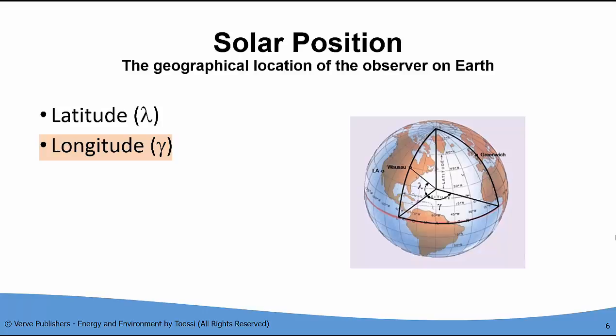Going west, the longitude becomes negative. Basically, this is the great circle that separates the west from the east. Since the Earth rotates once every 24 hours, for every hour the Earth rotates by 15 degrees. In Long Beach, the longitude is about 133 degrees.